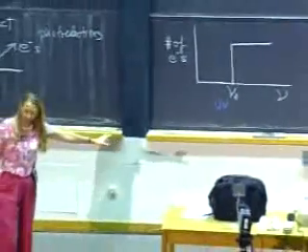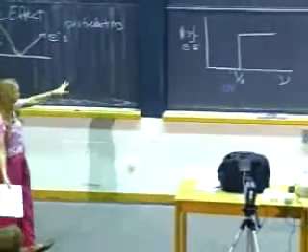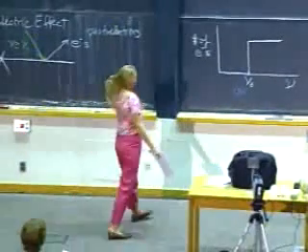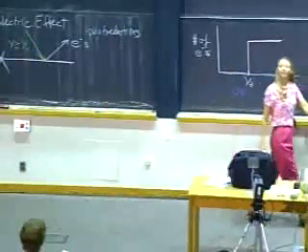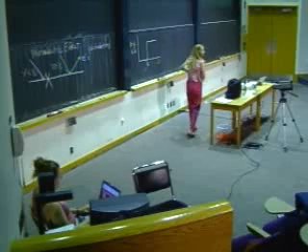Well, in addition to just measuring the number of electrons and generally observing this effect, scientists didn't understand what was going on, so they just started measuring everything they could think about measuring. And one quantity that they measured is the kinetic energy of these electrons that were being emitted.